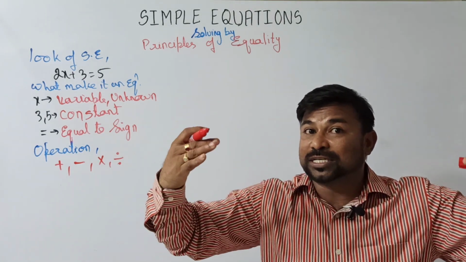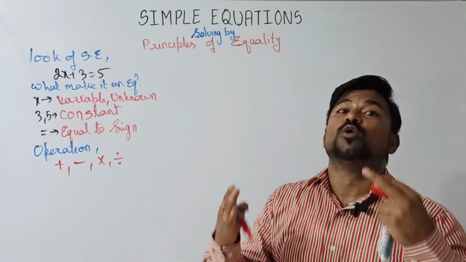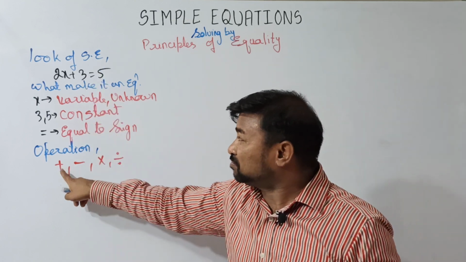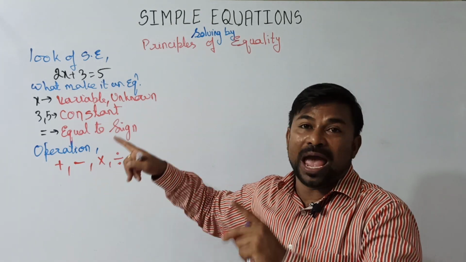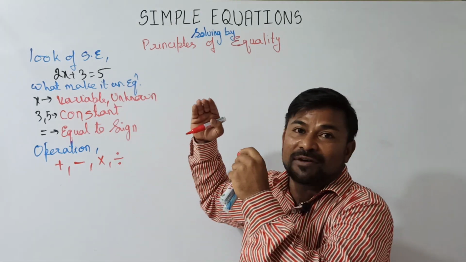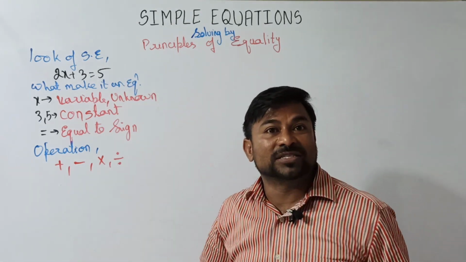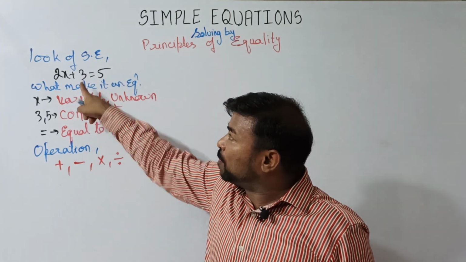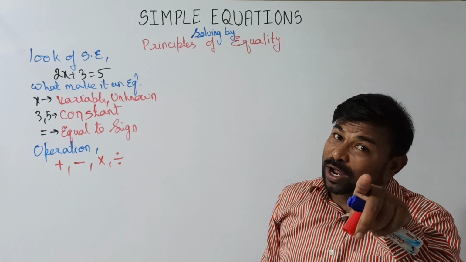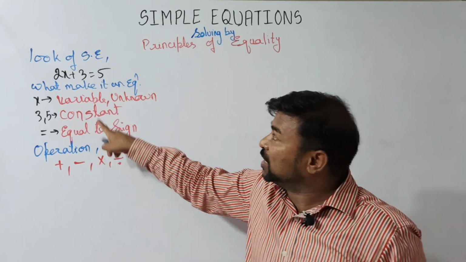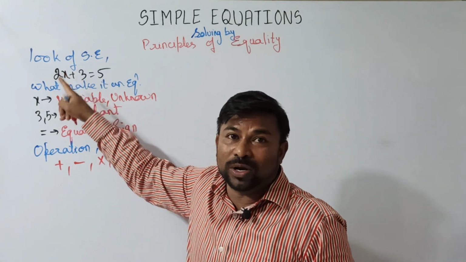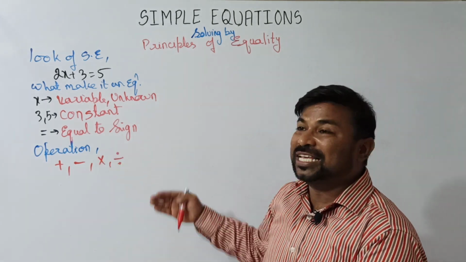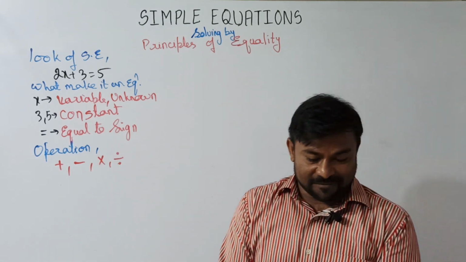Later on we build up when we come to higher classes. We have addition, multiplication, division and subtraction. In this equation, plus is the addition operation, and the sign between 2 and x is multiplication. These are the operations it has.